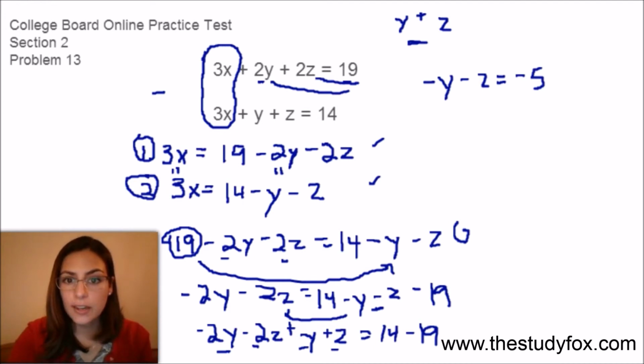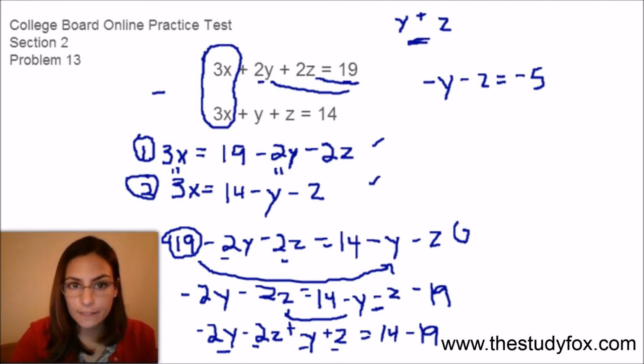Okay, so we're close now. We're almost in this format, y plus z. However, the y and the z are negative. They're both negative, and we need them to both be positive. So we're going to multiply each side by negative 1. And I'll show you here.